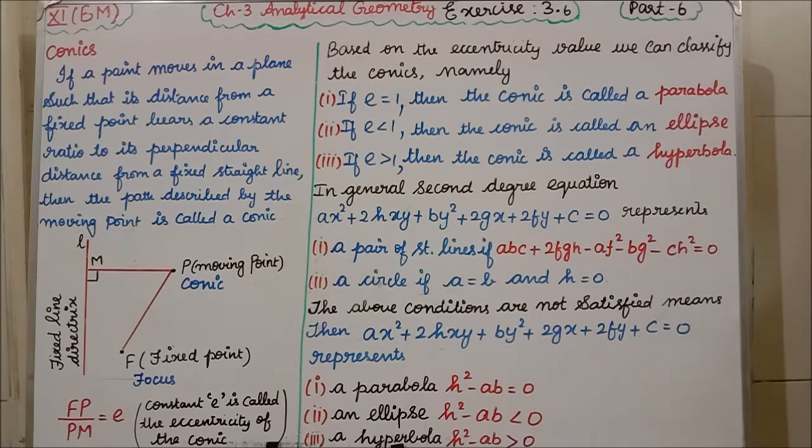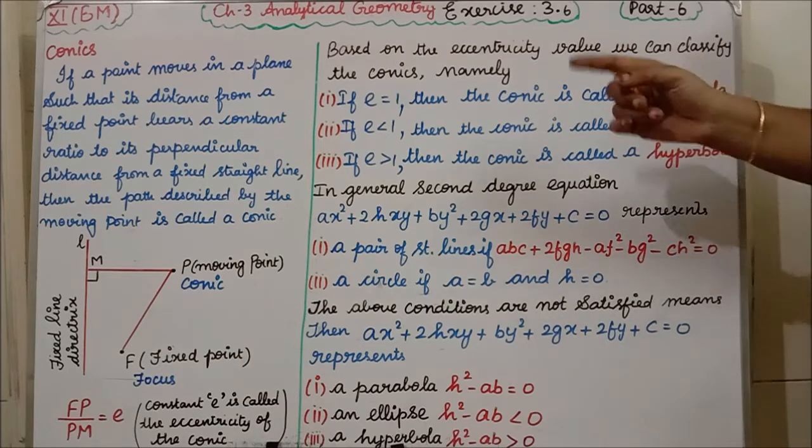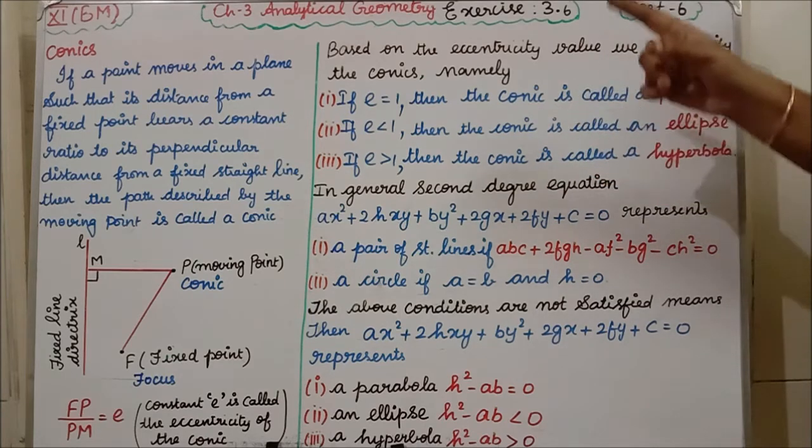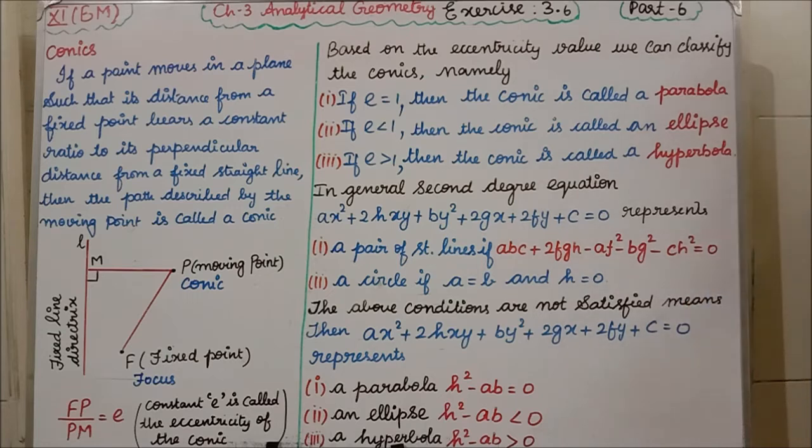Whenever the eccentricity value is less than 1, can you understand? Less than 1 means it is also a conic, but that conic is an ellipse. Clear? Whenever the eccentricity value is greater than 1, that is also a conic, but that conic is called a hyperbola.